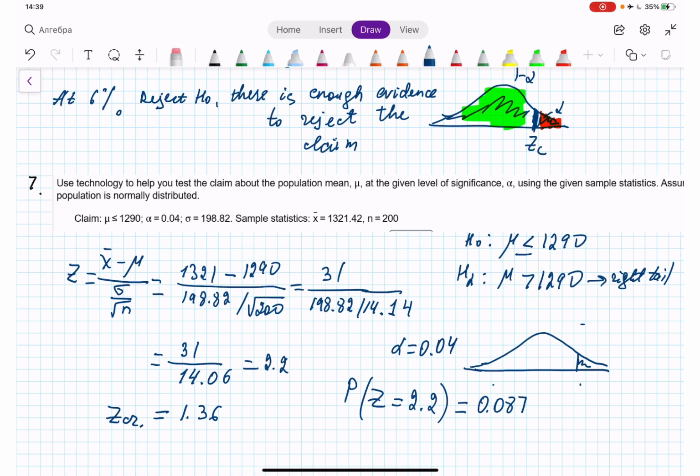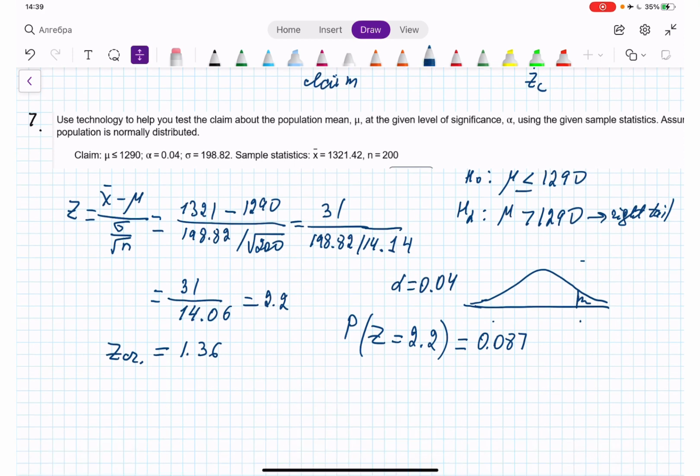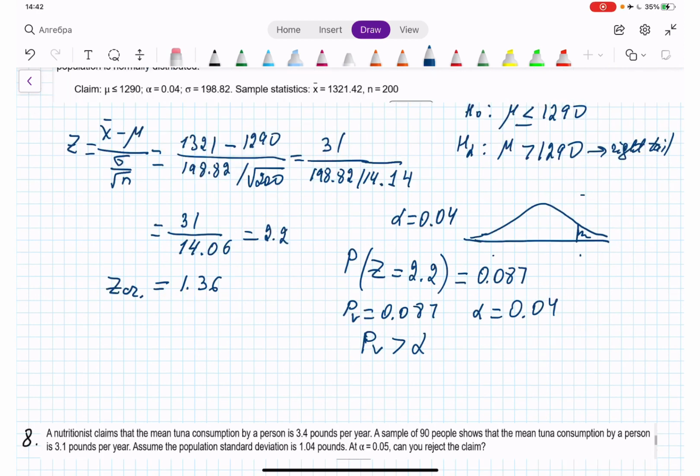Mu is less than 1290, and if we take our p-value, 0.087, our alpha is 0.04, and our p-value is greater than alpha, which means we fail to reject the null hypothesis.